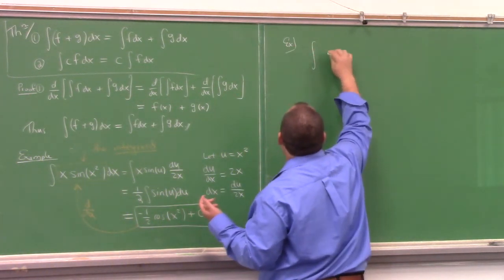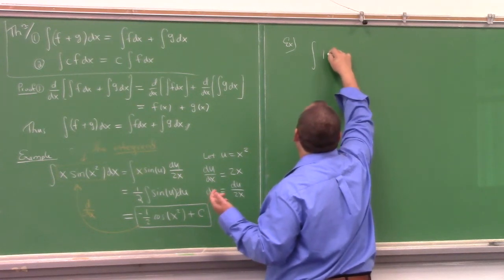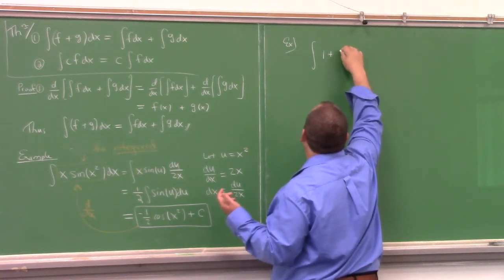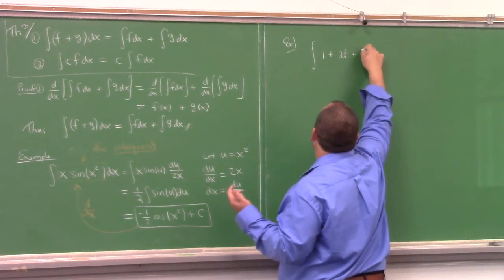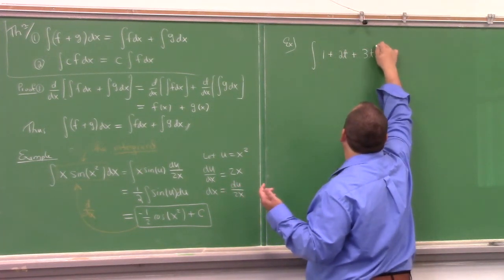So you guys tell me how would I integrate 1 plus 2t plus 3t squared? Can you guys integrate that for me?